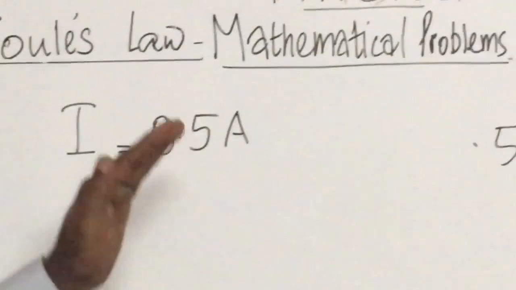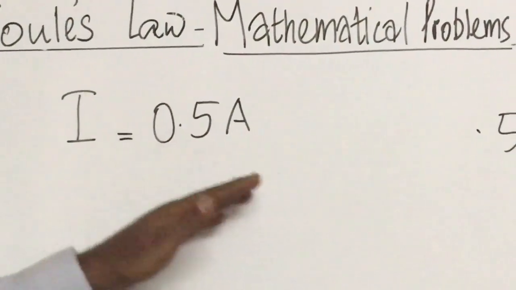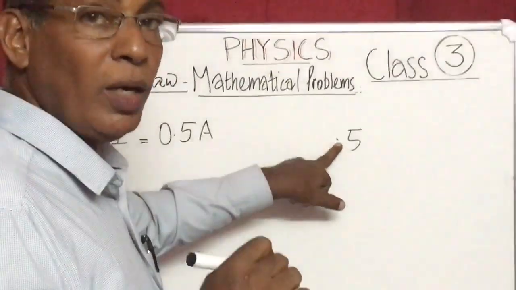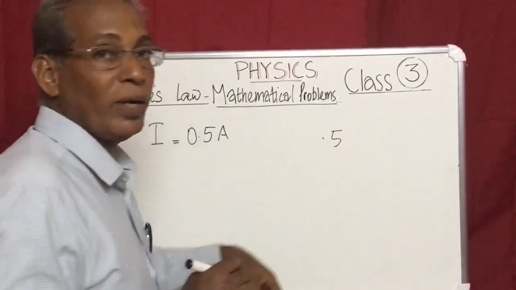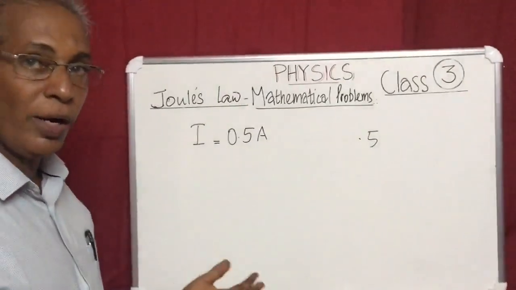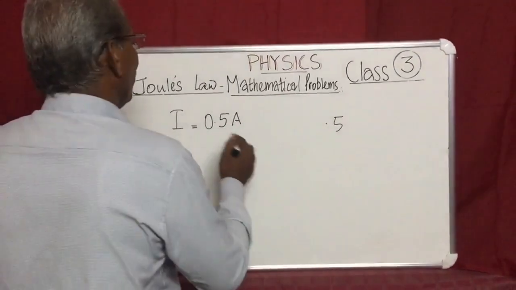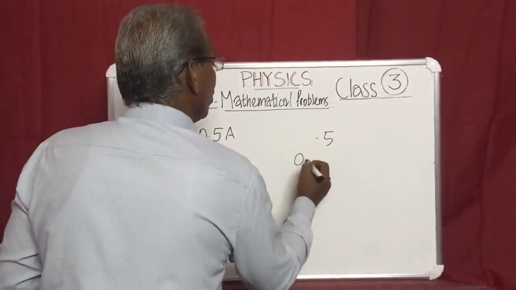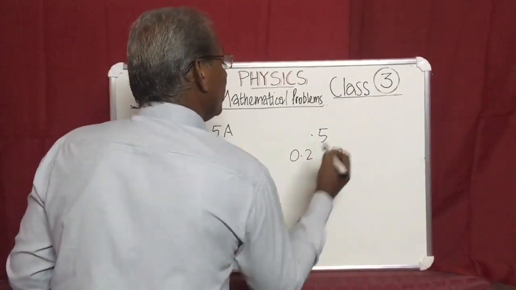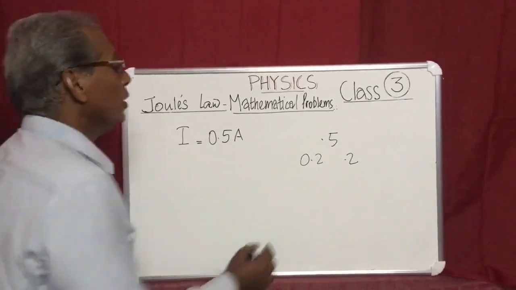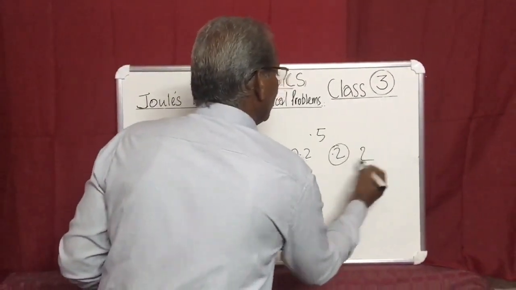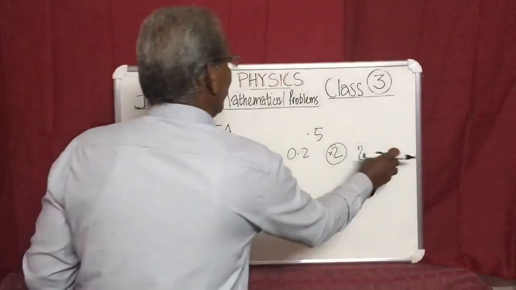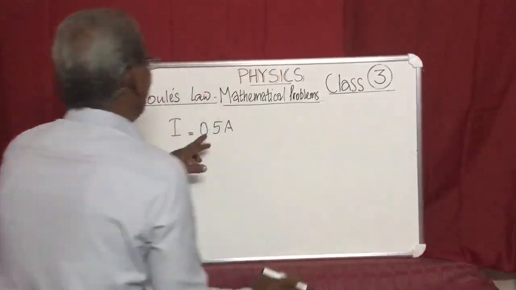This is because if somehow you miss that decimal point, you read it as 5. In order to avoid this, in all the problems, once a decimal is there, if it is 0.2, write 0.2, not 2 and a decimal like this. This will sometimes be read as 2. We will neglect that point. So please see that point when we write a decimal point.